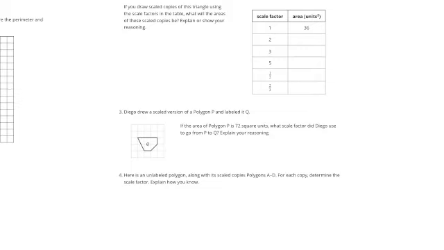So if we continue with what we were doing with our scale factor, with our blocks and our triangles, and we know that we have to multiply the original area by the scale factor squared, we have everything that we need to know here in order to fill in this chart.